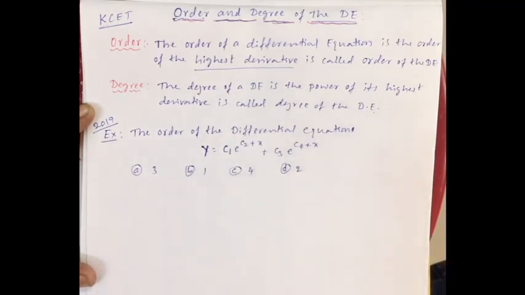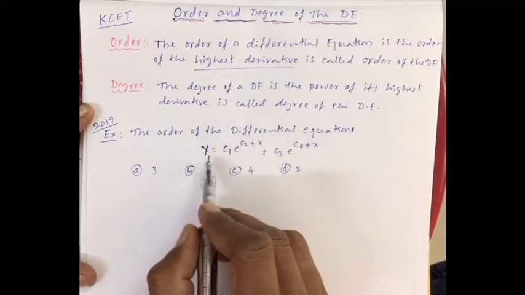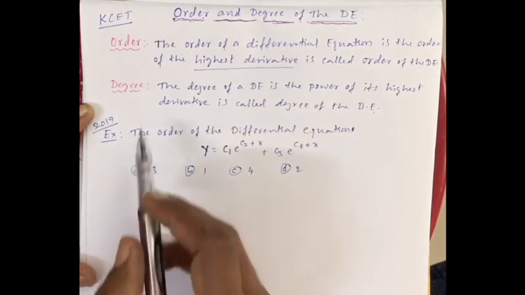See, in any differential equation there is at least one order and at least one degree, right? Degree is never 0; it is always non-zero, and the order is non-zero as well. Here, if you look at this equation, you have to follow these two definitions.